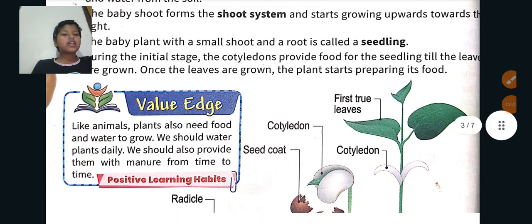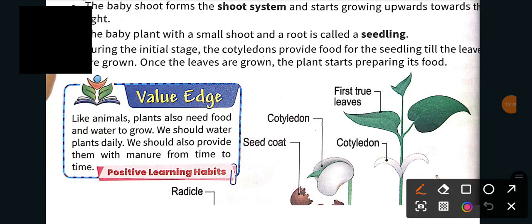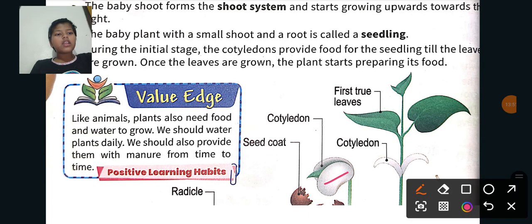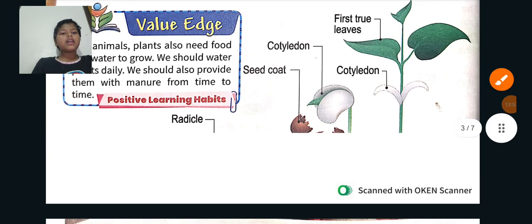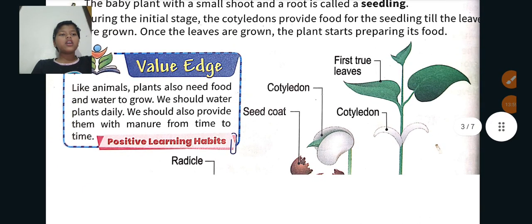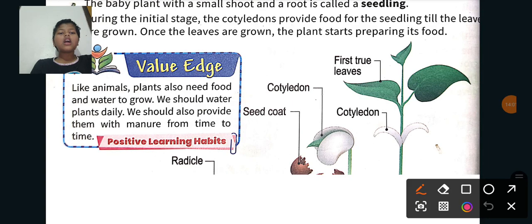During the initial stages, the white part you can see here is known as the cotyledon. First, it's covered by a seed coat. Here, the outermost covering is the seed coat.